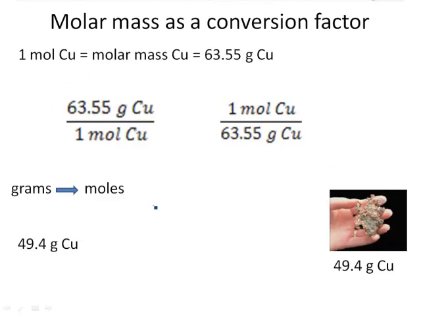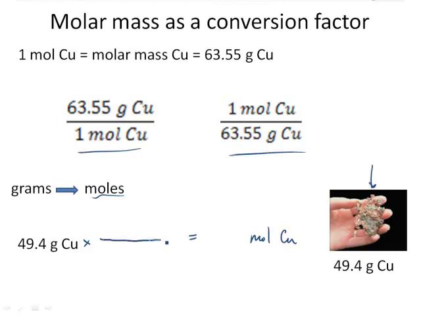Okay, let's look at the opposite example. We have this sample of copper, 49.4 grams, and we want to know how many moles is that? What's that amount in moles? So we're going to multiply that by something, and we want to end up with moles of copper. And looking on the periodic table, the molar mass, the atomic weight of copper is 63.55. We have 2 conversion factors we can choose from.